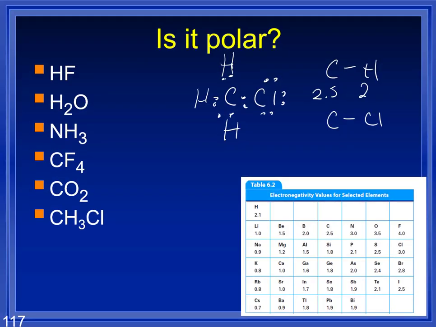So 2.5 minus 2.1 is 0.4. Carbon's 2.5. Chlorine is 3.0. So if I take that subtraction, I get 0.5.